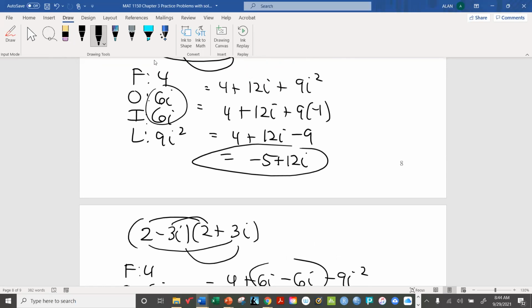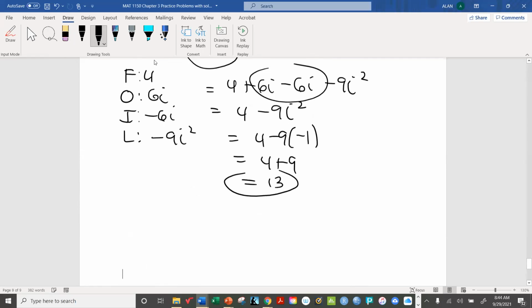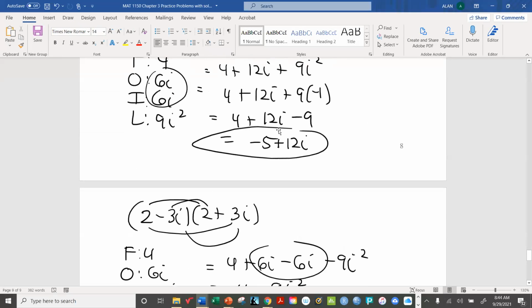Everything else is correct. So when we bring these together, we end up with our final answer of minus 5 plus 12i, all divided by 13. That's the final result. Okay, I just did the same thing earlier. It's negative 5 plus 12i, not 2.